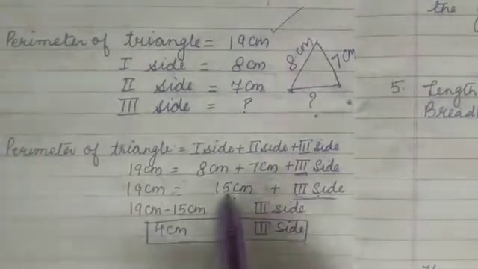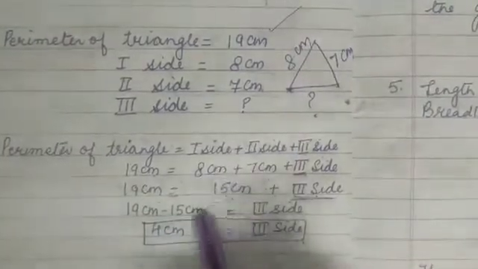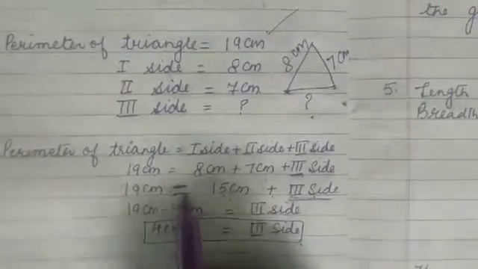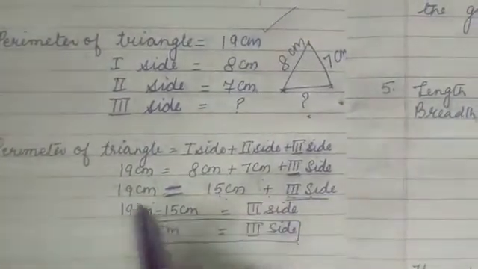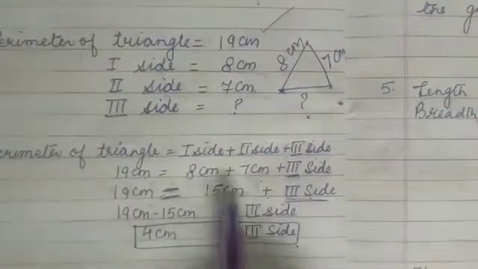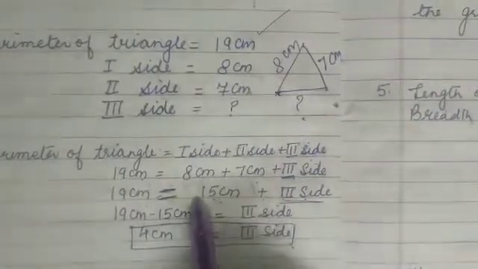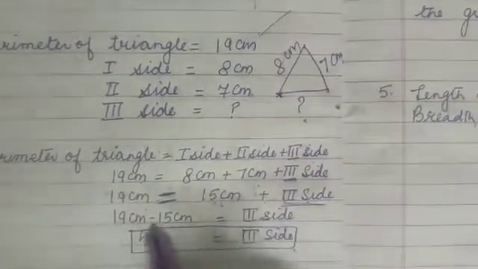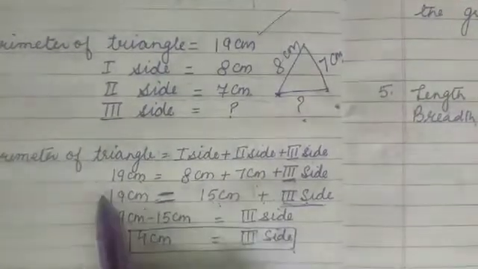And this 15 centimeter we will shift here with the 19 centimeter, across the equal to sign. When we change the position of the number, there is no sign here with 15, it is adding here. So when it changes its place, it will subtract.